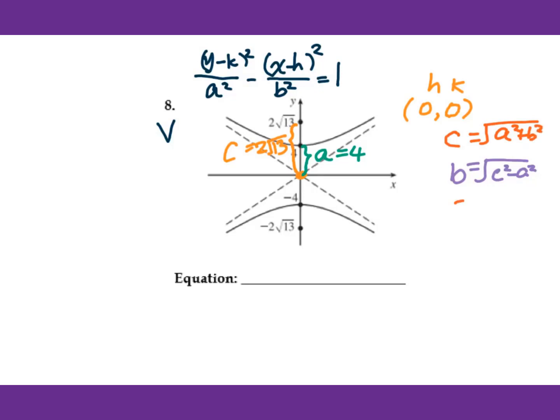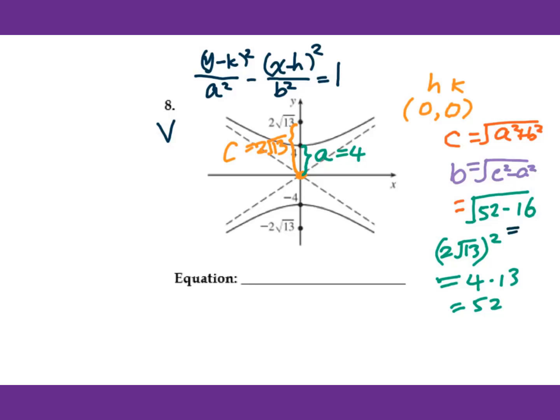Then we plug in. c squared, that is (2 square root of 13) squared. 2 squared equals 4. Square root of 13 squared is 13. So we get 4 times 13 equals 52. 52 minus a squared, 4 squared is 16. So we get 36, which means b is 6.